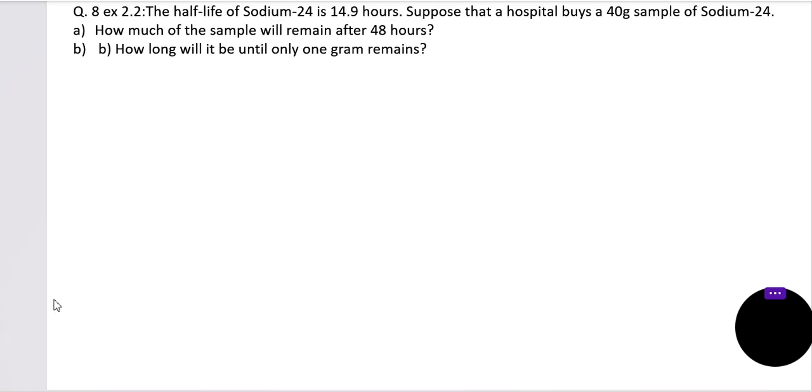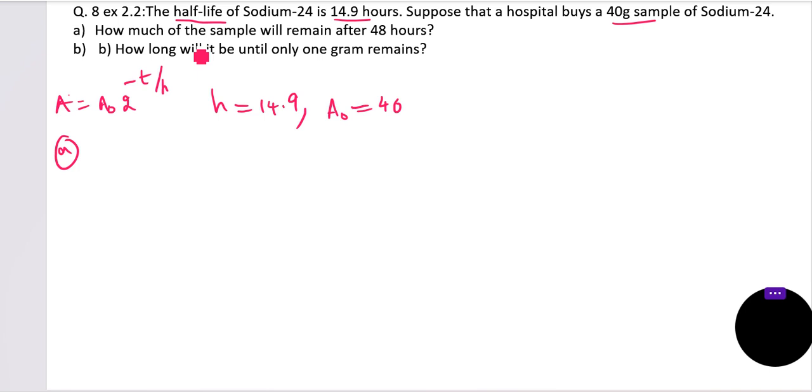Here is a question given. The word half-life is there, so I will write A is A naught 2 power minus t over h. The half-life is 14.9, so h is 14.9. A 40 gram sample at time t equals 0, that is A naught, so A naught is 40 gram. The question asks, how much of the sample will remain after 48 hours?